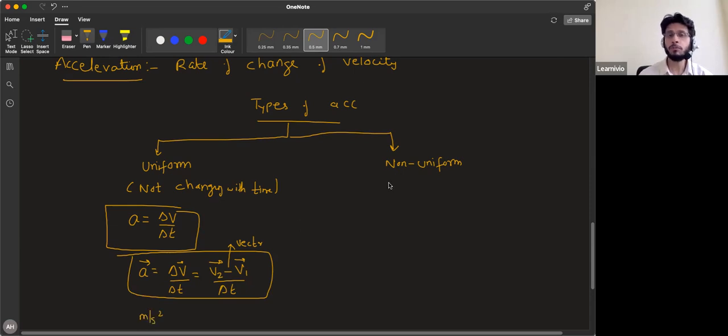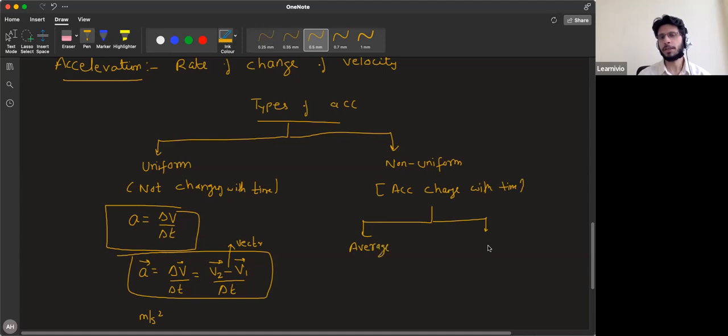In non-uniform motion, acceleration changes with time. So acceleration is not constant, acceleration is variable. If something is changing, we can calculate that quantity in two ways. We can either calculate the average acceleration or we can calculate the instantaneous.